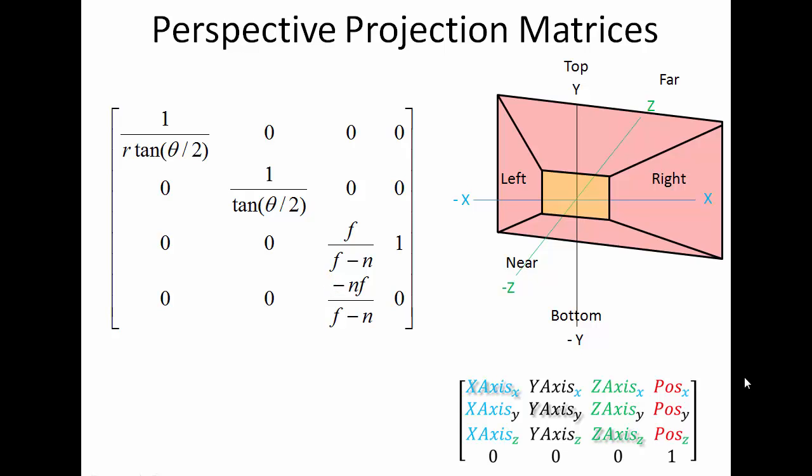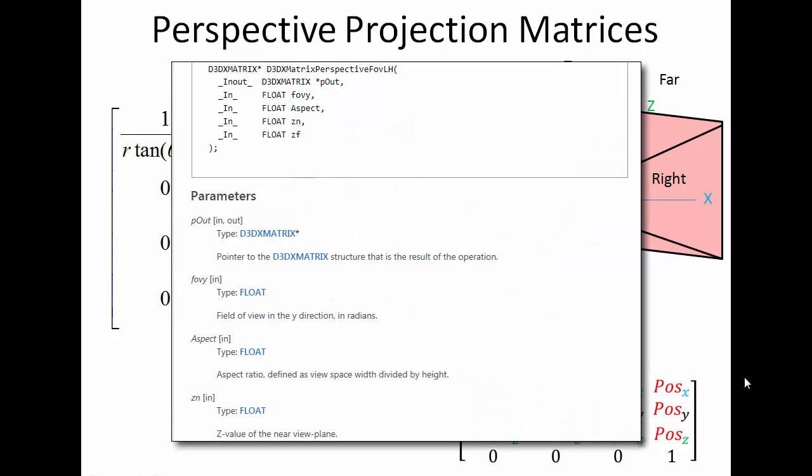But basically, you really don't have to know much about these projection matrices. You need to know that the orthographic projection matrix is used for 2D when you want things to look 2D and flat, and the perspective projection matrix needs to be used when you want to do 3D. And you'll need to know how to supply the correct parameters when you create your projection matrix. But for the most part, you just create your projection matrix at the beginning.